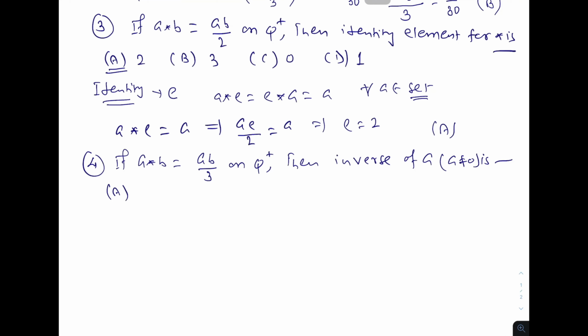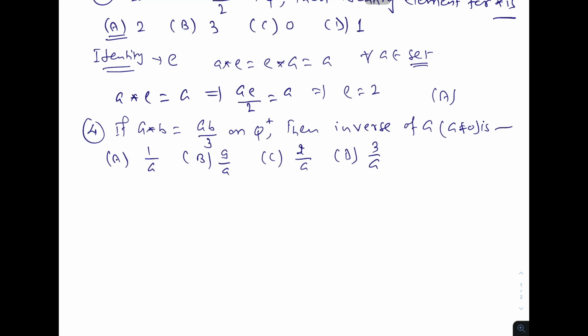The options are 1 over A, 9 over A, 2 over A, and 3 over A.